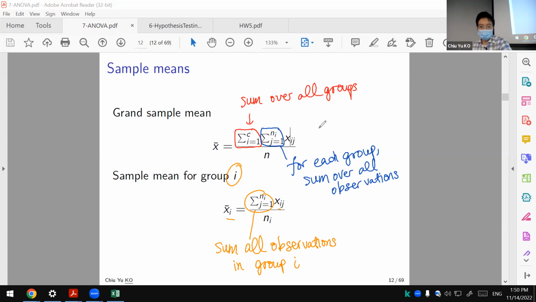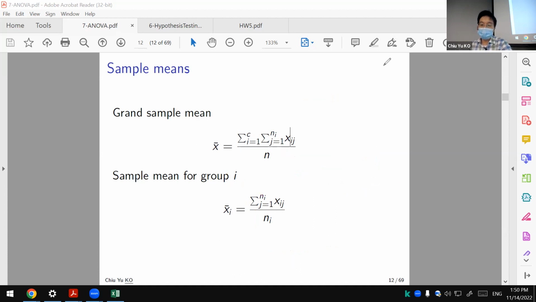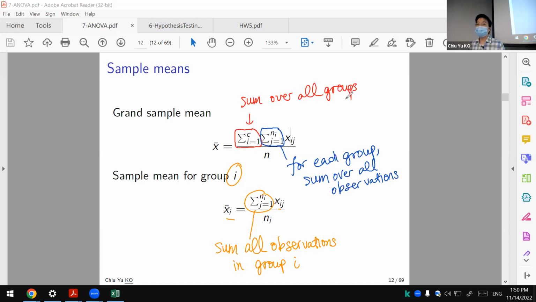Let me go back to the data, and you will see how. Is that clear what the notation means? It's good to know how to read those carefully.